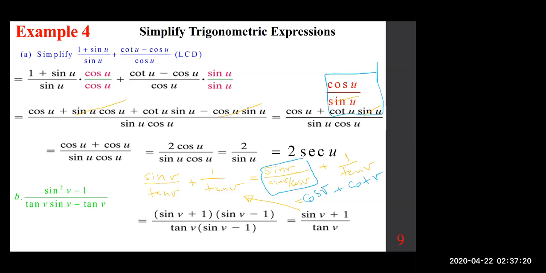Okay, I'm going to write this: cosine u over sine u times sine u. Correct? Yes or no? Yep, got it. Thank you. Sure.